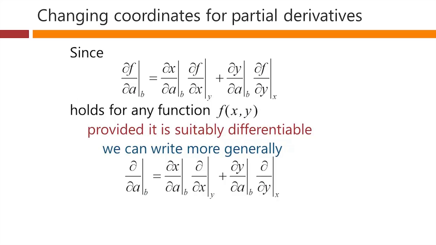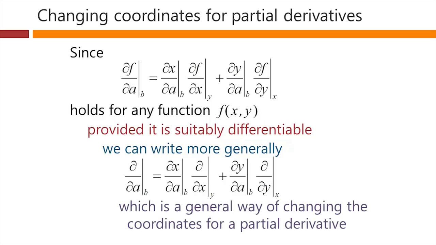And I understand that this notation gets very confusing, but you can see how we've built it up here. And this is the general way of changing coordinates for a partial derivative.